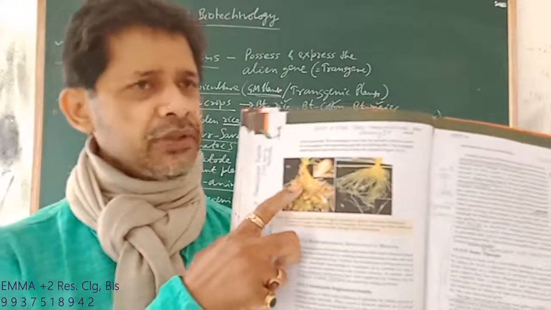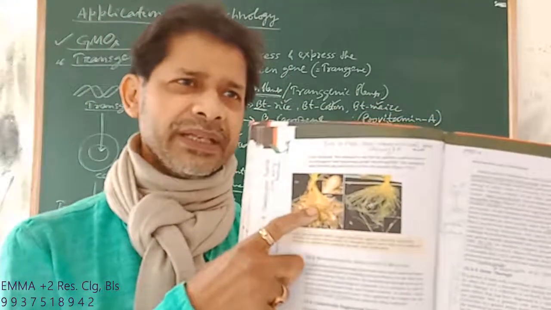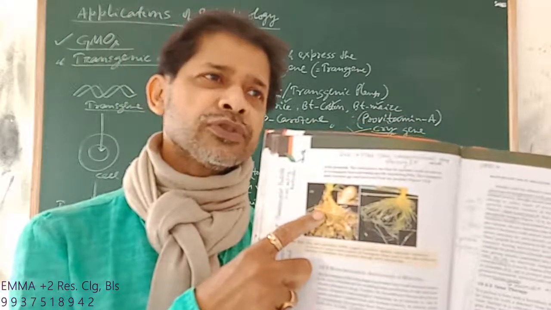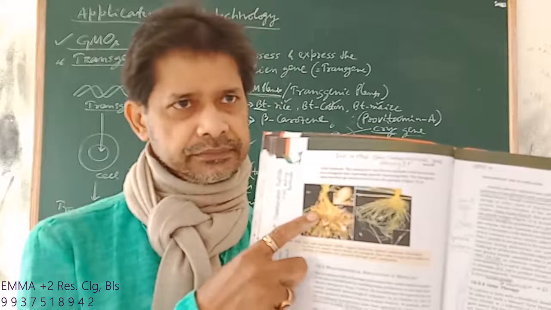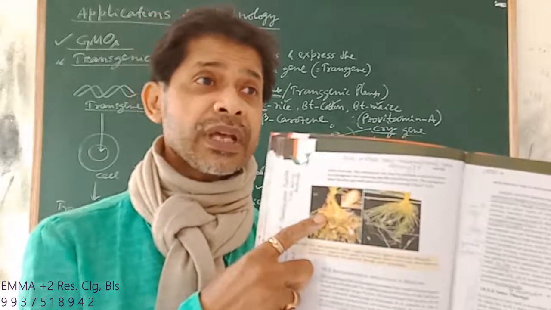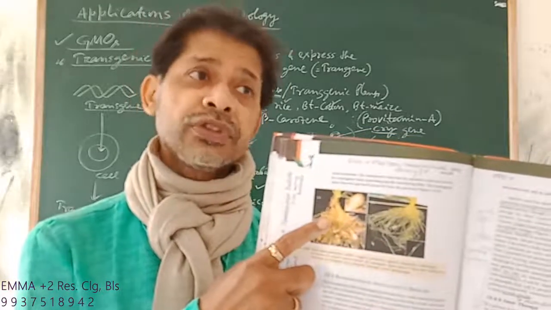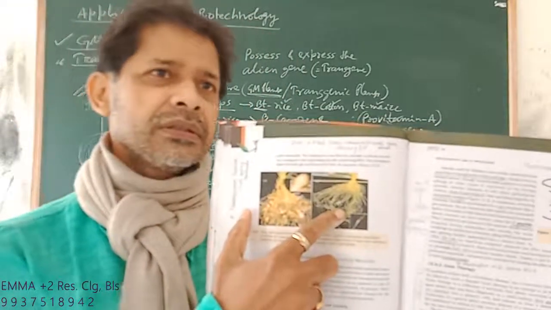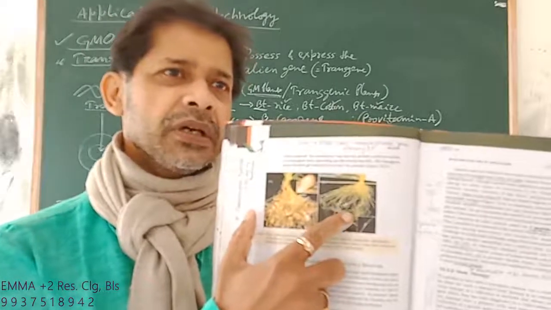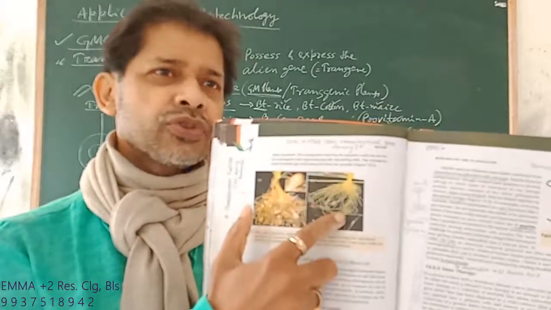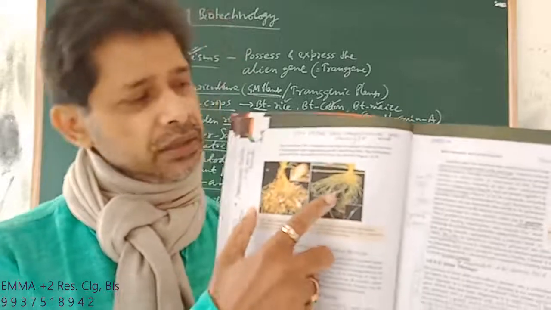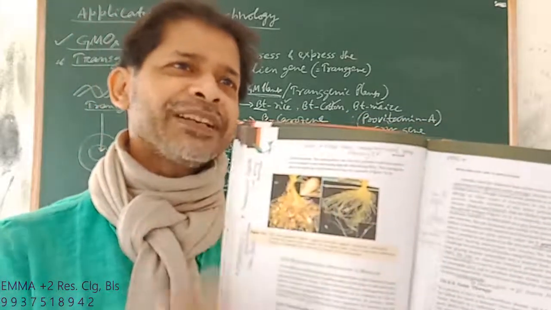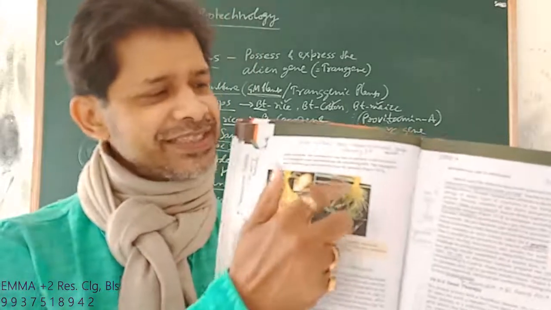When the root system is highly infected, this plant will produce very less crop. So tobacco crops are affected by this nematode. You see in the next slide, here a plant is shown where the root system is not at all affected with nematode. That means it is a transgenic plant.